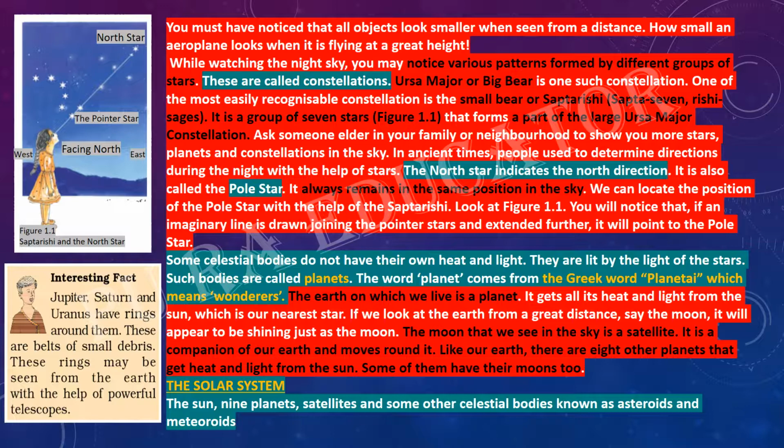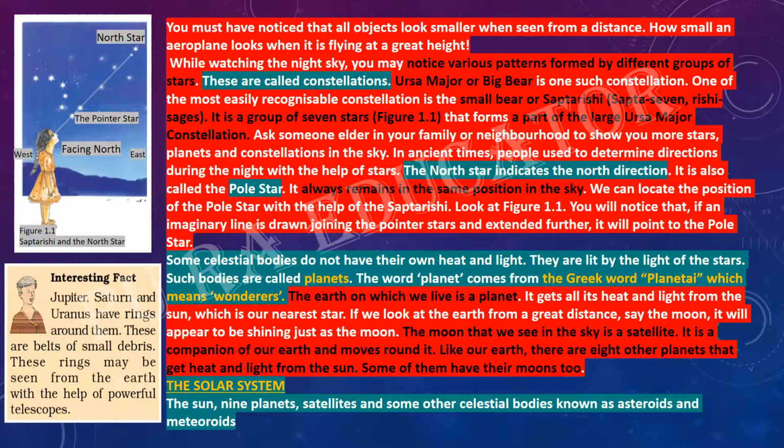very easier for you. In ancient times, people used to determine direction during the night with the help of stars. The North Star usually helps people to indicate the north direction because it is always present over the north pole, so it is also known as the pole star, and its position is always the same, it does not shift from its position.